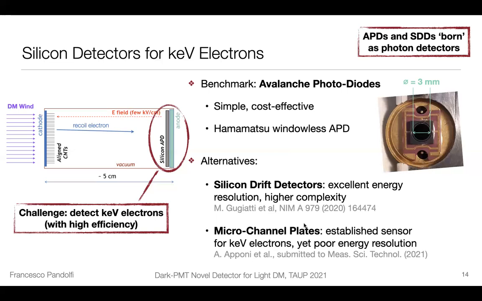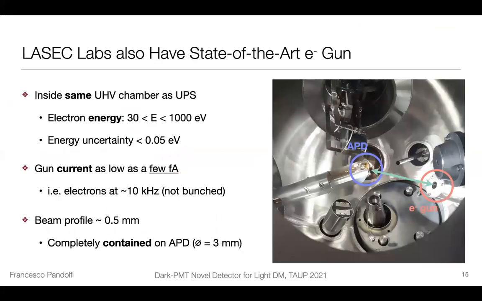MCPs are an established technology for the measurement of keV electrons, but they do have poor energy resolution. We've been characterizing them at our facility, but the results have just been submitted, so they're not public yet.